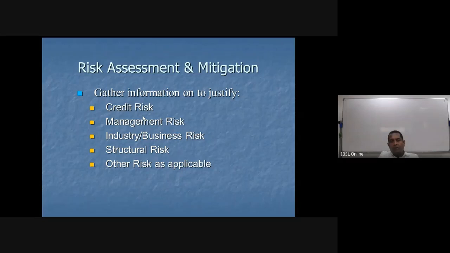Now we are talking about banning slaughterhouses for cows. What will be the impact to the industry, the business? Structure risk: are we giving a long-term loan for a long-term need and a short-term loan for a short-term need? Okay. Other risk as applicable.